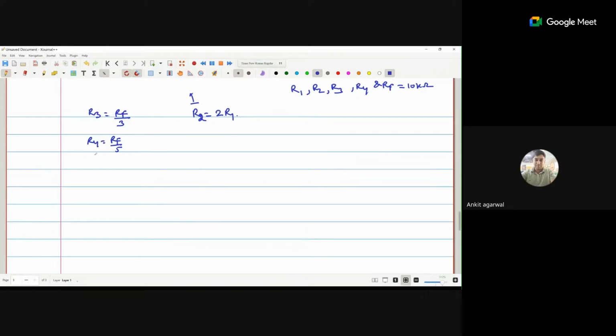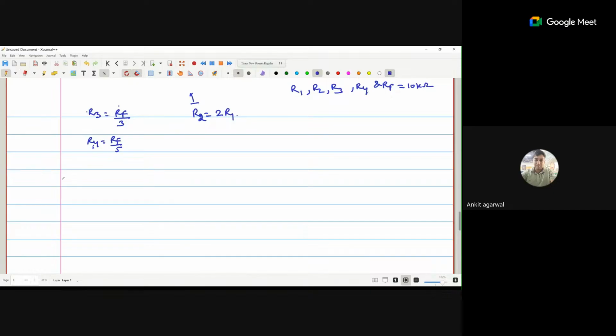If R3 is 10 kilo ohm, that means RF is what? 30. And if RF is 30, R4 is 6 kilo ohm. So RF is less than that, and we have a limit that the minimum resistance is 10 kilo ohm.